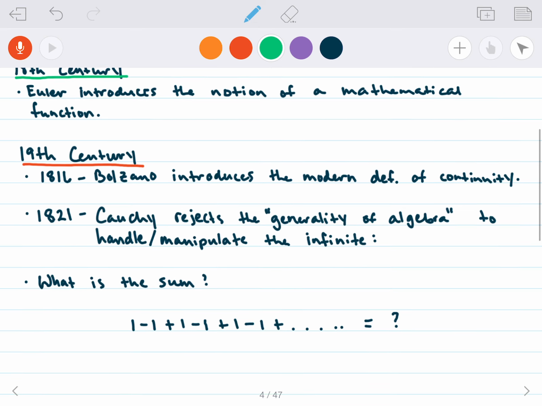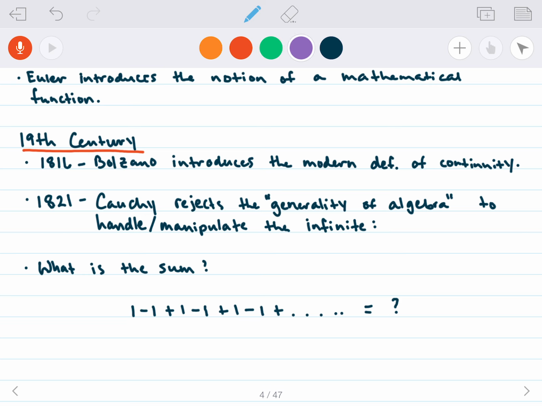So for example, look at this infinite sum. What is it? Well, it depends on how you interpret it, right? So you could say, oh, well, it's 0, right? If you group it like this, 1 minus 1 plus 1 minus 1, etc., is equal to 0. You could say that.